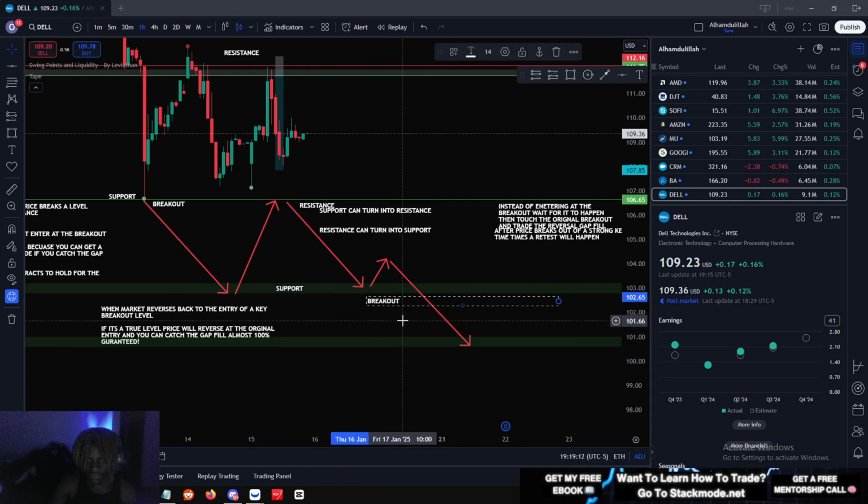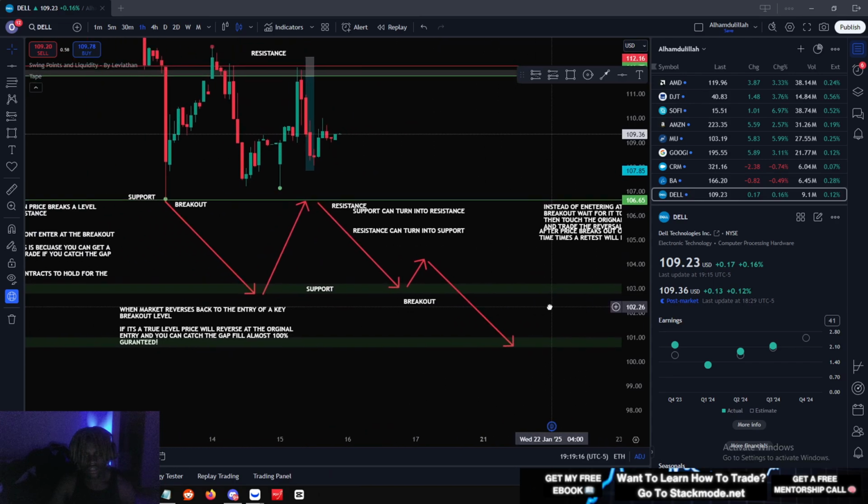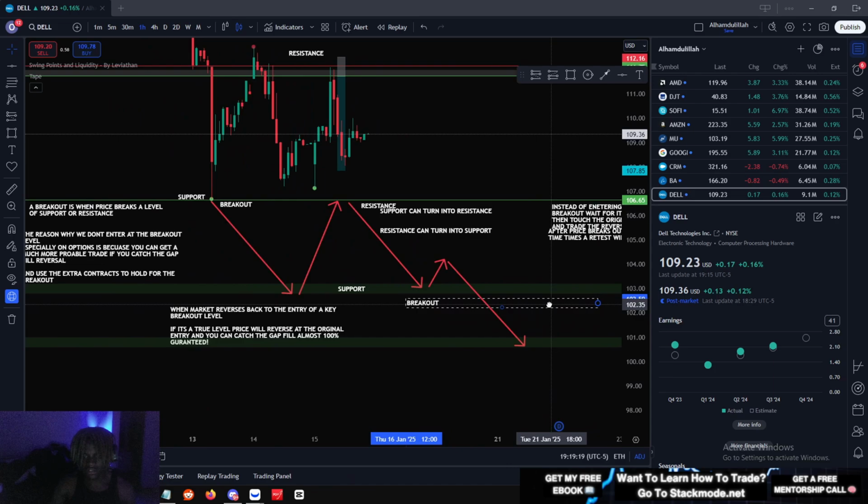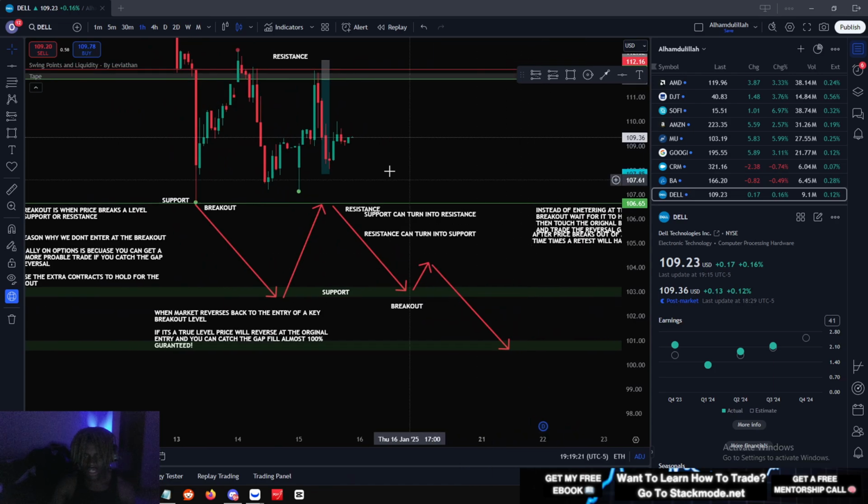Boom. And I hope this makes sense right here. This is trading. This is how trading works. Just like this. So boom, support and resistance, that's it.